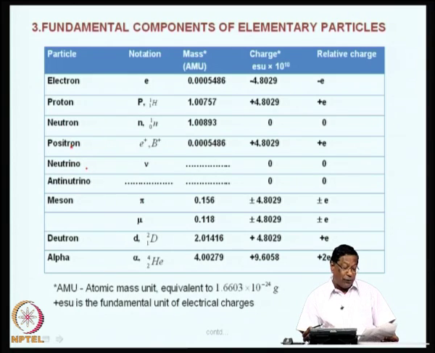Further, it was shown that they cause ionization in gases. That means, suppose you are passing cathode rays in a container full of gases, they also cause ionization of the gases. That means more electrons will be released from the given system.